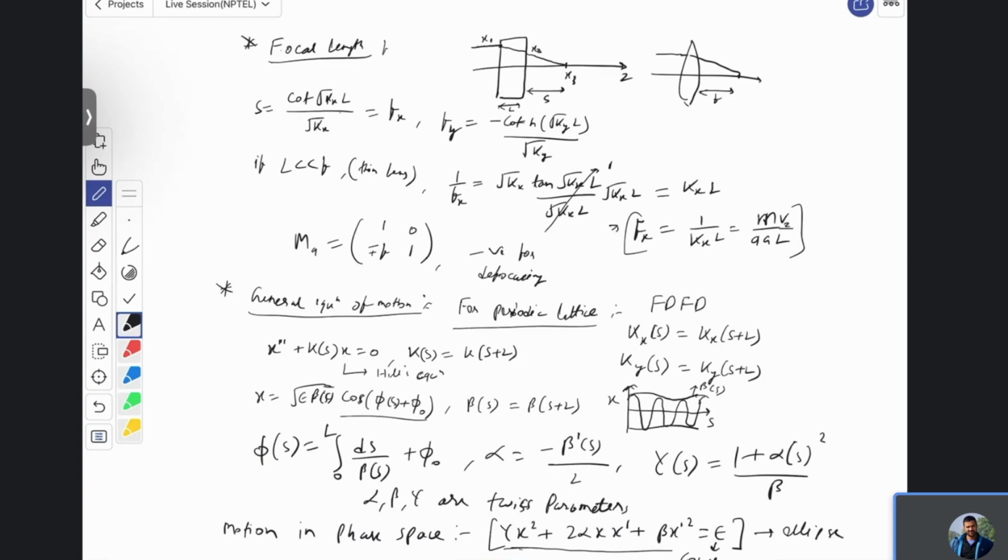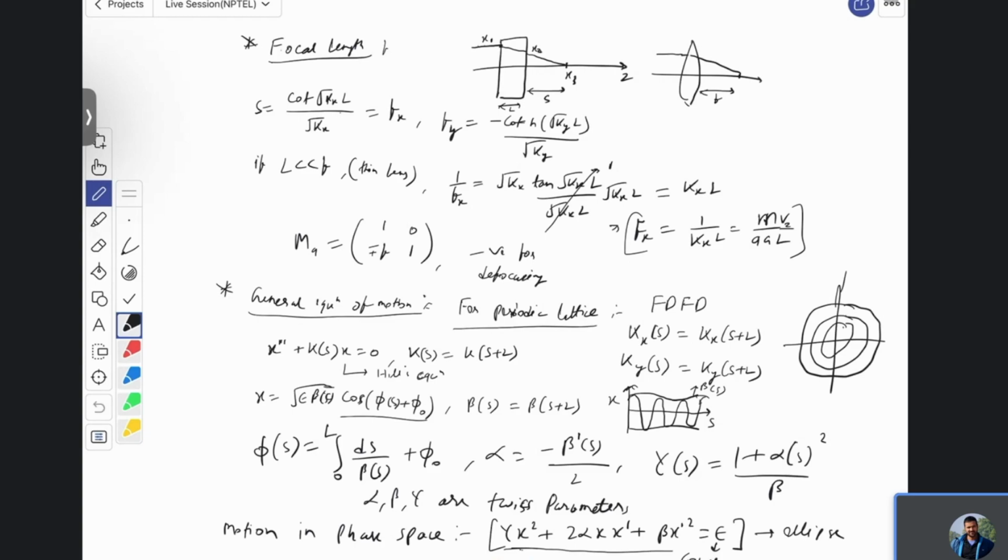So suppose we have a bunch of beams inside our accelerator. Every particle has its own ellipse.